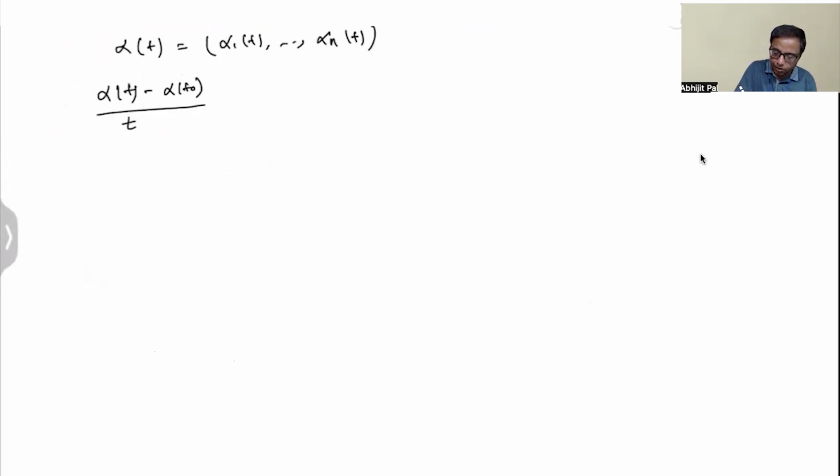I can take 1 by t minus t naught, which is a scalar, so here I am doing scalar multiplication. This will be equal to (alpha 1 t minus alpha 1 t naught) divided by t minus t naught, and so on.